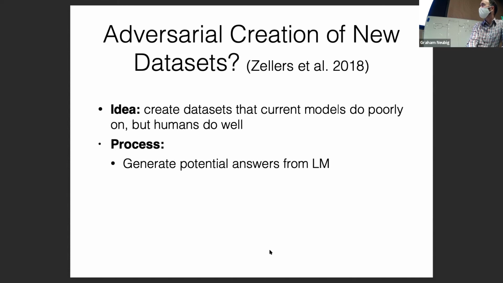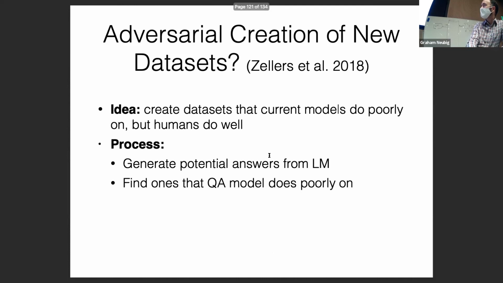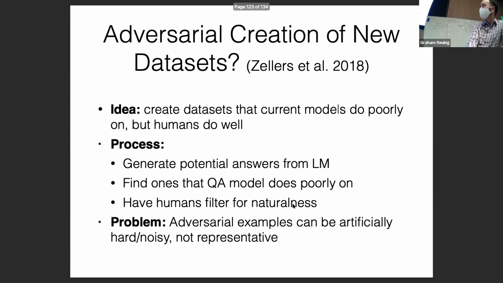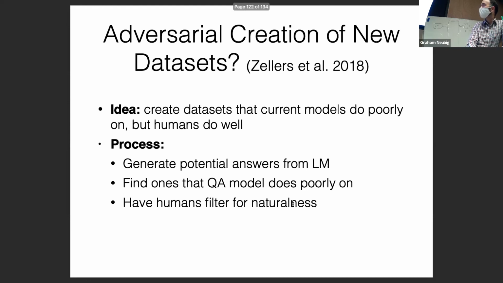So the process is they basically generate potential answers to a question from a language model. And they find the answers from the language model that a QA model does poorly on, and have humans filter these questions for naturalness. Because you're finding potential answers that the QA model does poorly on, you could create a harder test set.